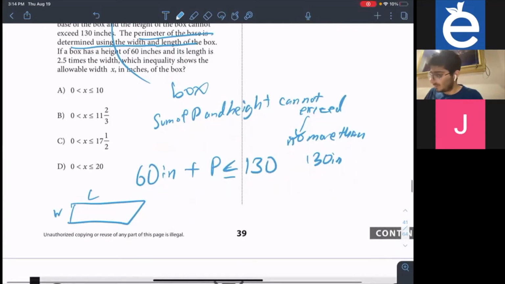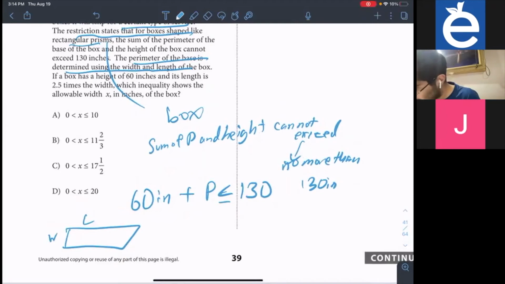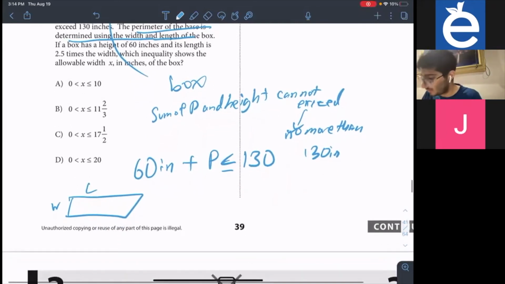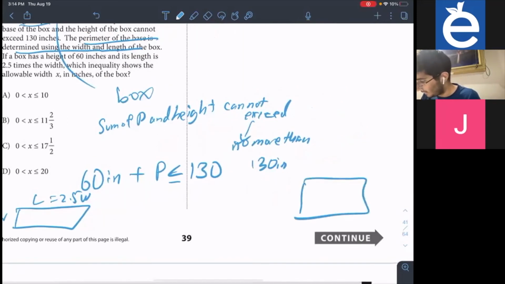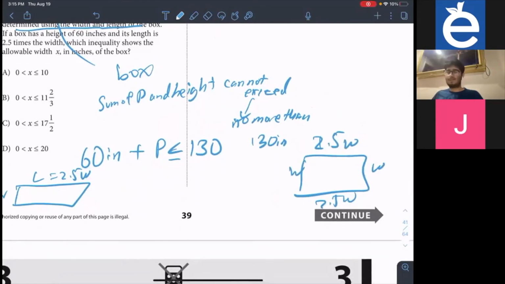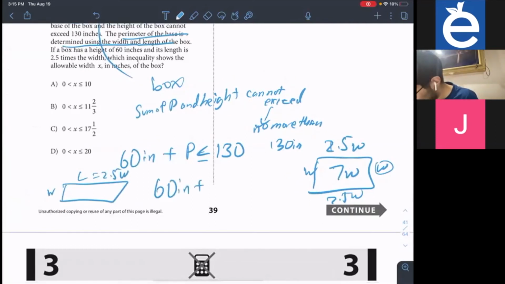Since we know the length is 2.5 times the width, the length would be 2.5W. The perimeter would be the sum of all the sides, so 2.5 times 2 is 5, plus 1 is 6, another one plus 7, so it becomes 7W. So it'd be 60 inches plus 7W, which is the perimeter, is no more than 130 inches.